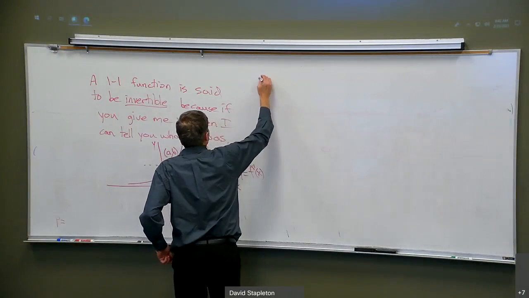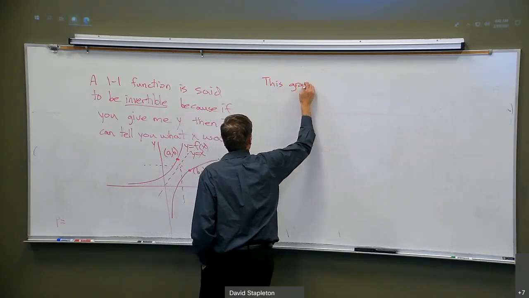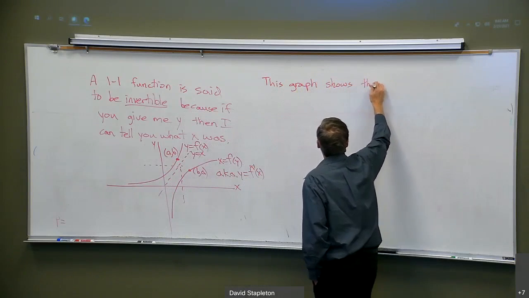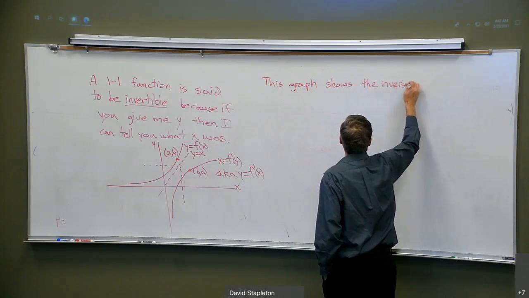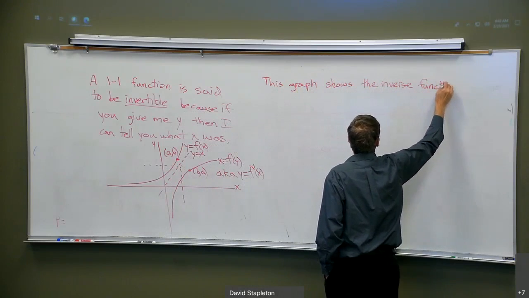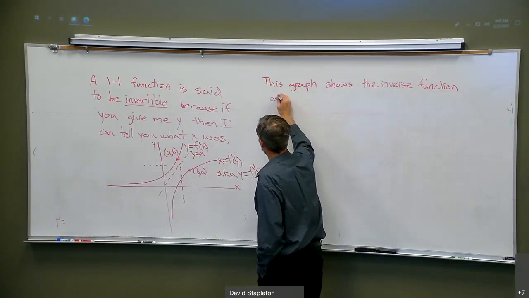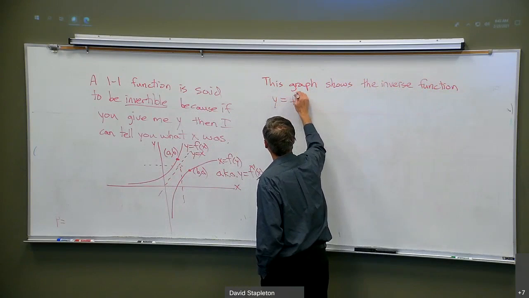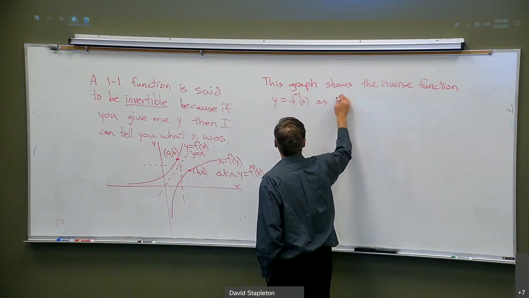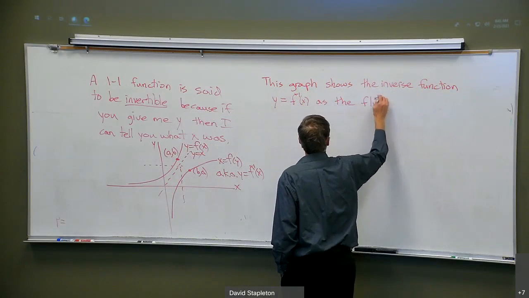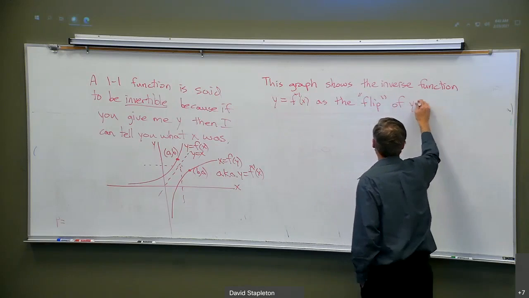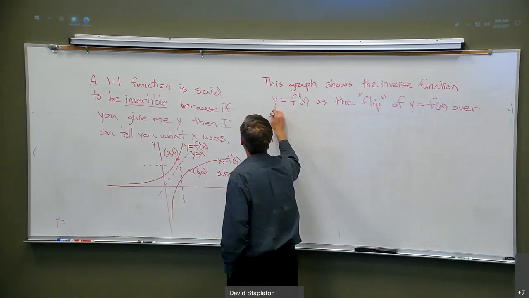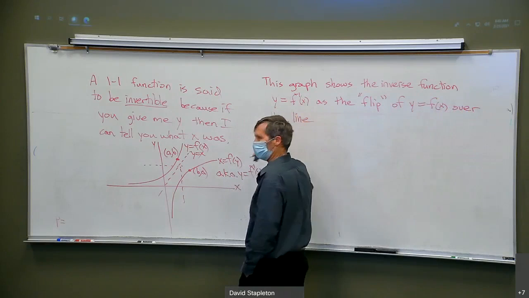So here this graph shows the inverse function, let's call it y equals f inverse of x, that undoes the original function, as the flip, if you will, of y equals f of x over the line y equals x, so that the x and y coordinates are interchanged.